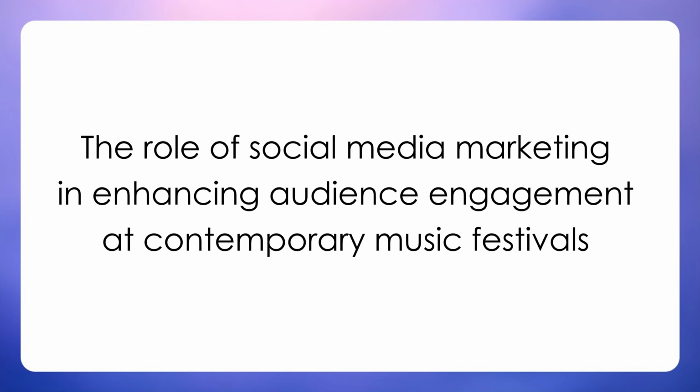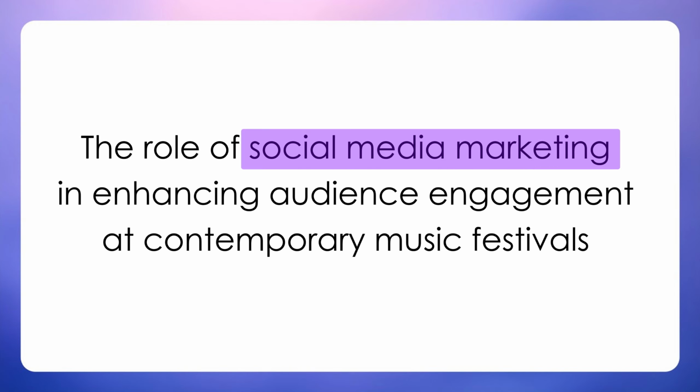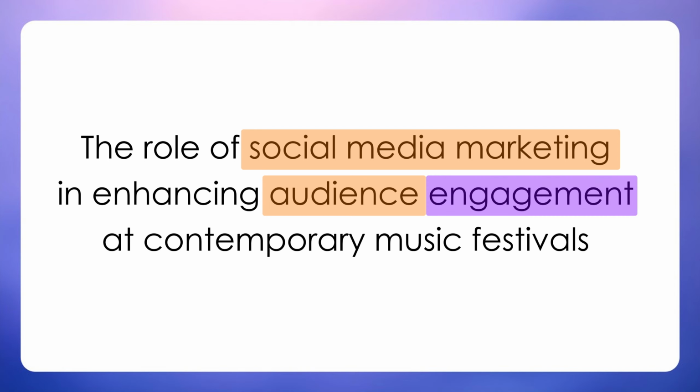And in Lara's case, the first area that needed classification was social media marketing, which is an example of context. So we highlight in yellow. And then we've got audience, which is also context. Then we have engagement, which is actually theory.